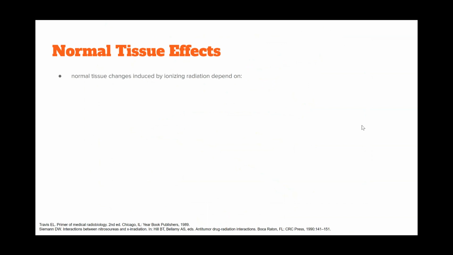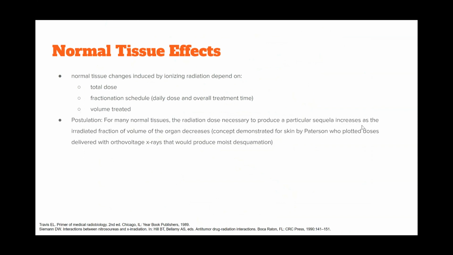Then the effect on normal tissue. It depends upon the total dose, the fractionation schedule, what's the daily dose, what's the overall treatment time, and how much volume has been treated. So for normal tissue, the radiation dose necessary to produce a particular sequela increases as the irradiated fraction of volume of the organ decreases. For late radiation effects, we can think of the organ as being made up of multiple functional subunits.